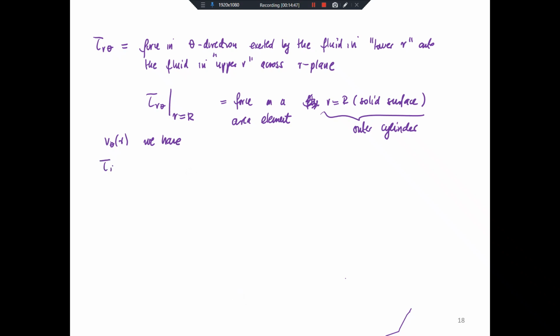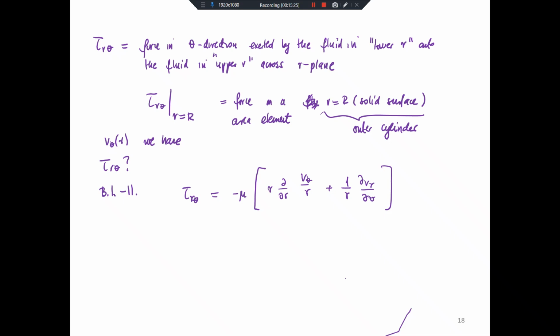I will go to my cylindrical coordinate system expressions and find, in B11, that tau r theta, which is the same as tau theta r, is equal to minus mu times [r d/dr (V theta over r) plus 1 over r dV r/d theta].